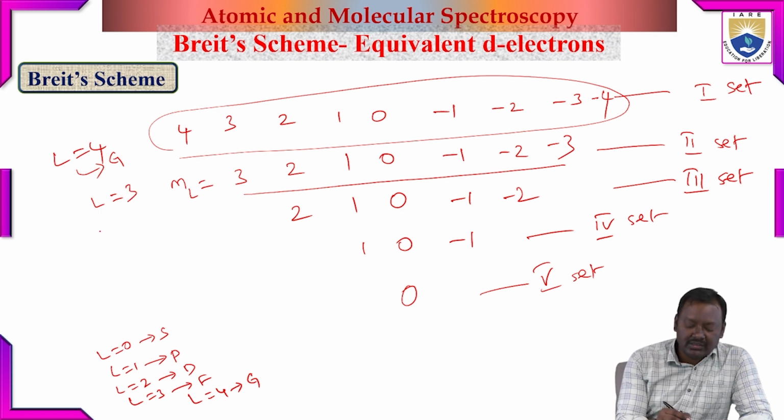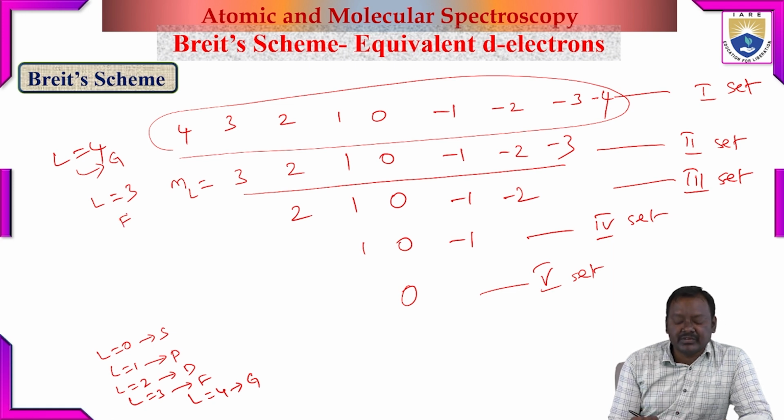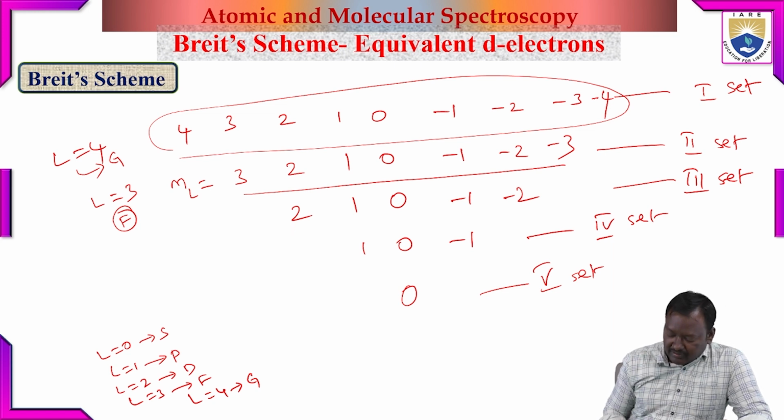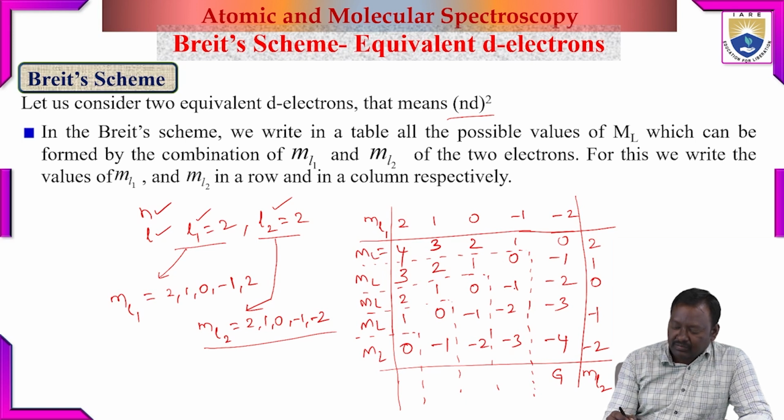So L equal to 3 means spectral term F. And this third set, see here, L equal to 3, from 3, 2, 1, 0, minus 1, minus 2, minus 3. This set of ML values forms the spectral term F.